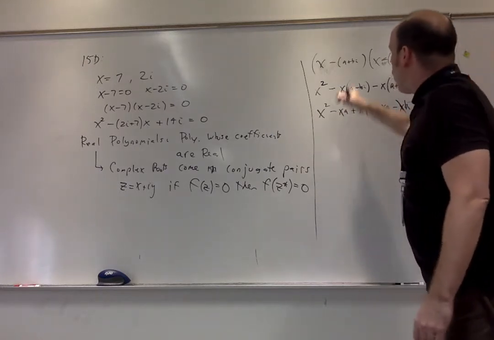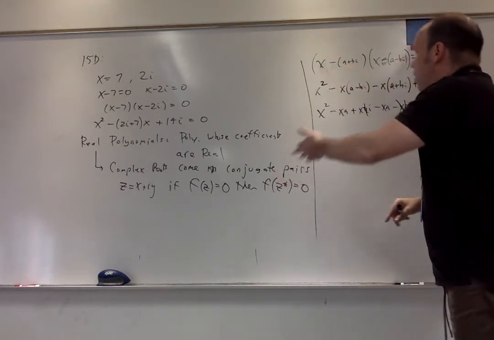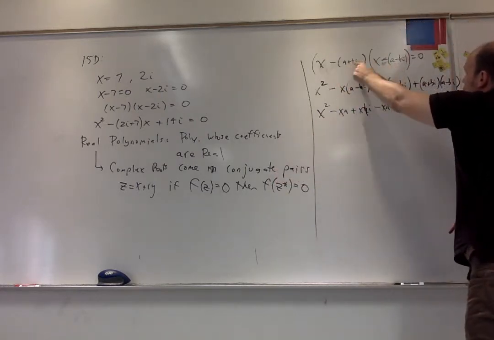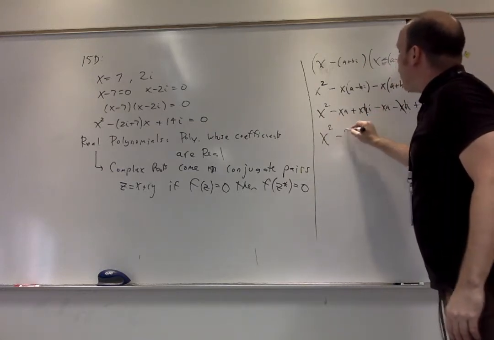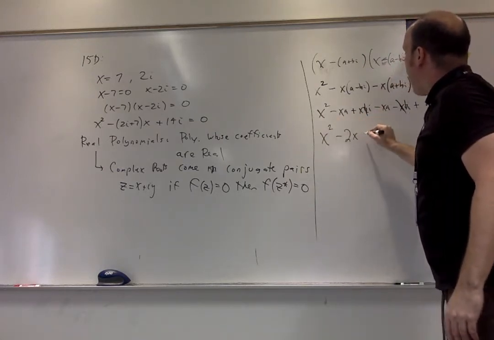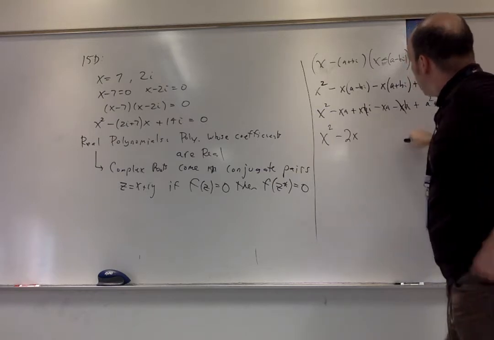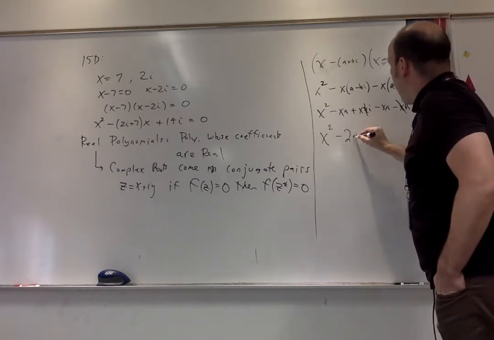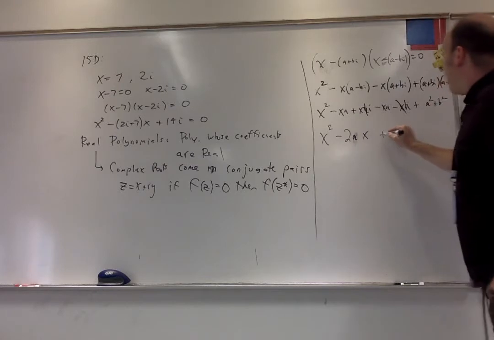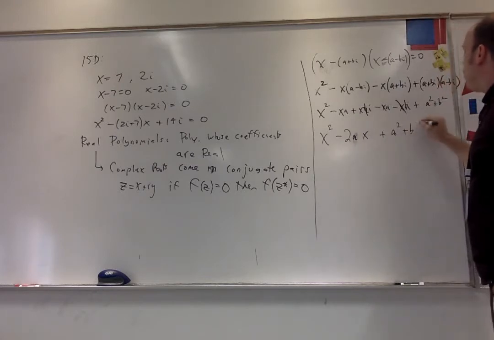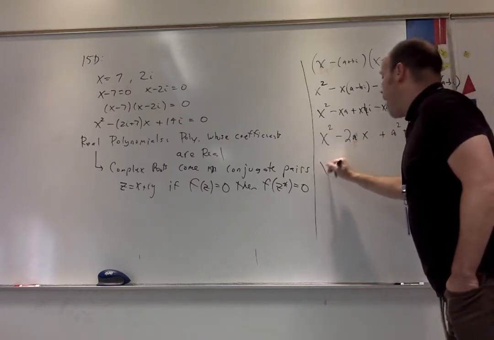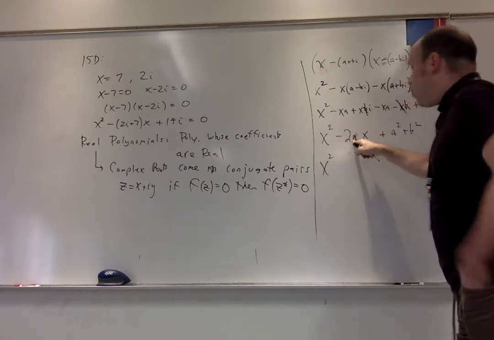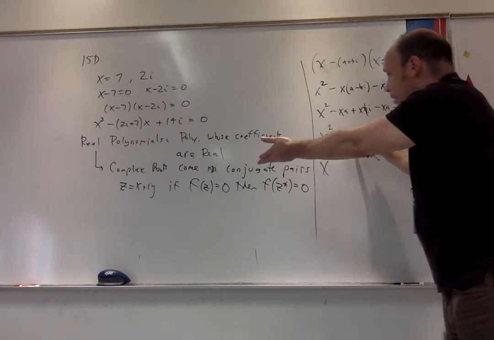It says the quadratic whose complex roots are a plus bi and its conjugate is x squared minus 2ax plus a squared plus b squared. I'm going to leave off the 0. Well, what is this? A is the real part, right?